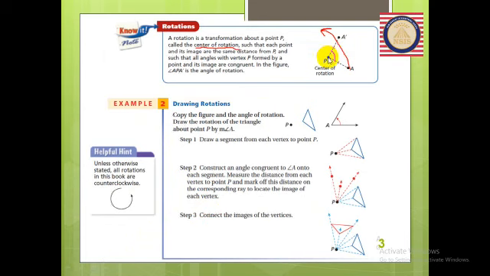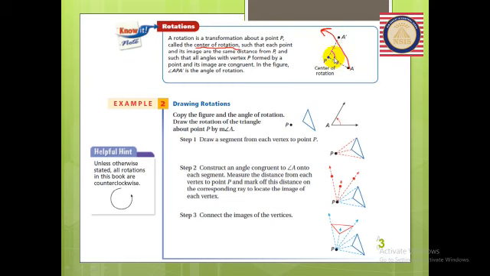This point is the center of rotation. The point will rotate counterclockwise, and its distance from the center of rotation equals the distance from the center of rotation to the image. And this angle is called the angle of rotation.